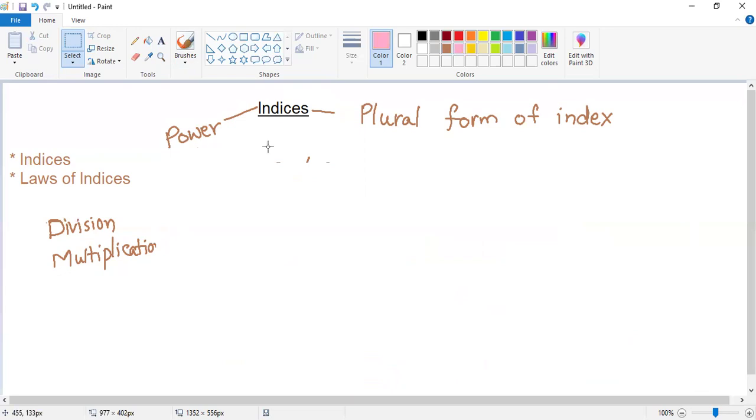Now let's see number 2. It says a power m divided by a power n will be equal to a power m minus n. Now let's see this with a simple example first.